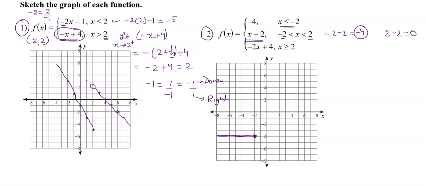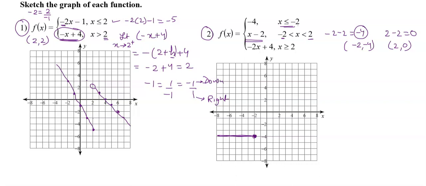So basically we have two clear points under that domain. First point is when x is -2, y is -4. And second point is when x is 2, y is 0. Basically we don't have to touch x for -2 or 2.